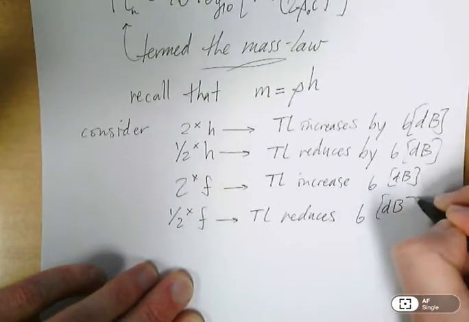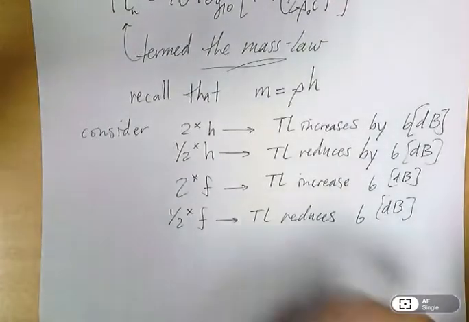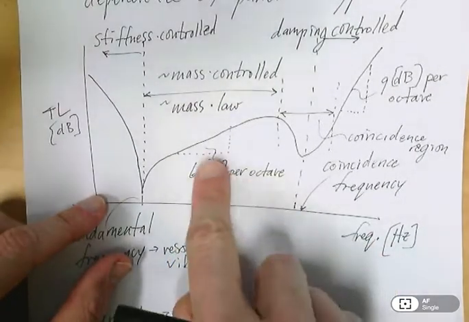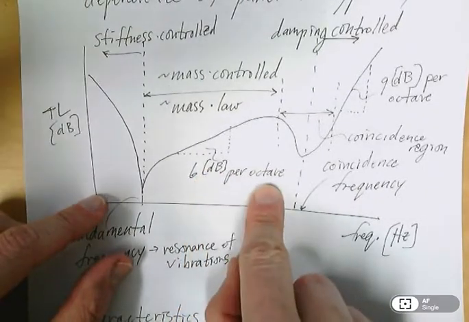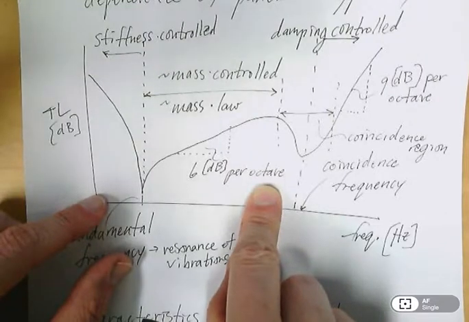So this is why in our sketch of the transmission loss from before, the slope in the frequency axis is 6 decibels per octave, which is either 1/2 or 2x change in the frequency.